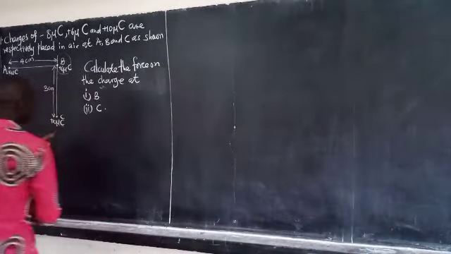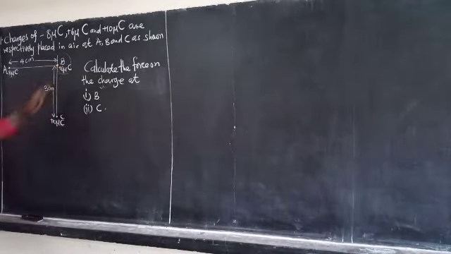So this charge at B experiences a force due to the charge at A. Which force? This charge is positive and this one is negative. So this charge at B, being our focus, will be attracted by this one. In short, it will be taking that direction, so there will be that force.